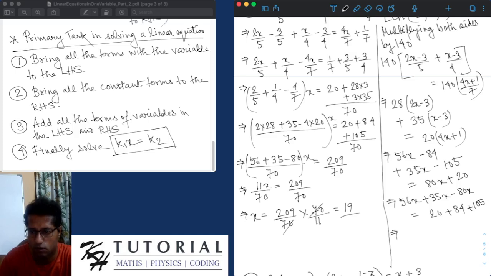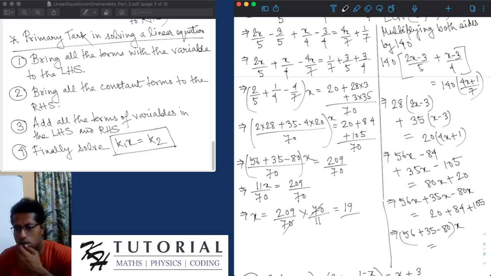Now if we add up all the variable terms in the LHS and all the constant terms in the RHS, it becomes 56 plus 35 minus 80x equals 20 plus 84 is 104, and this is 209.